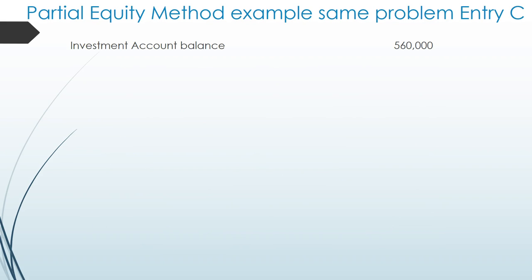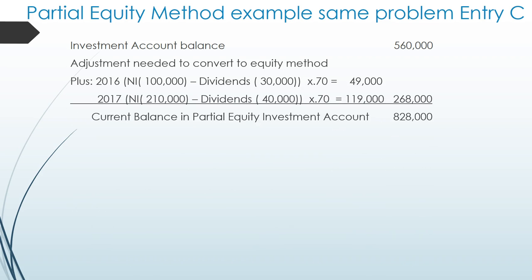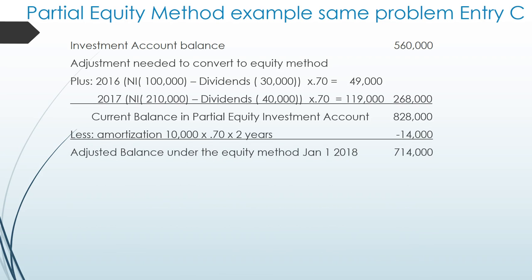So again, we're going to look at how we have to adjust the investment account. Well, we know that it's already been adjusted for prior year income less dividends. So the current balance under the partial equity method would be $828,000, but we need to adjust for prior year amortization at 70%.